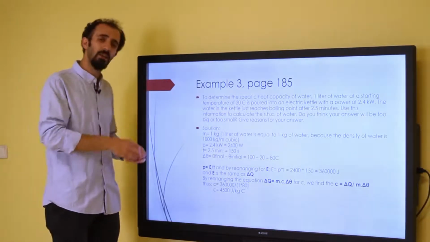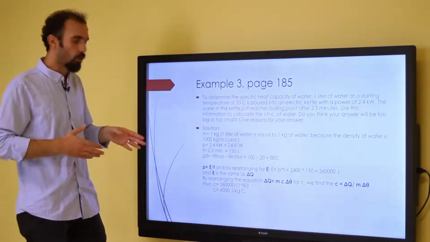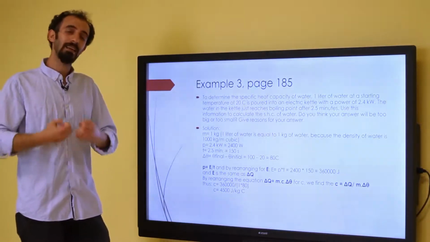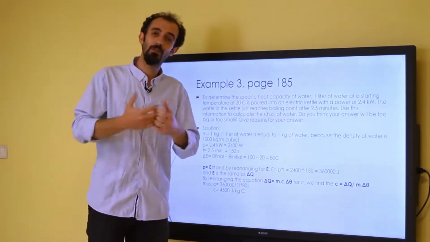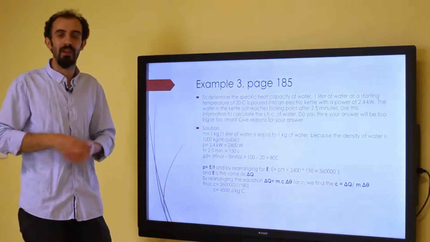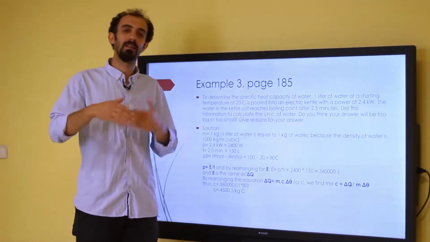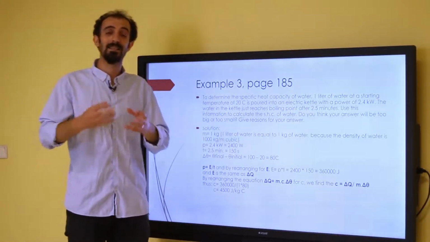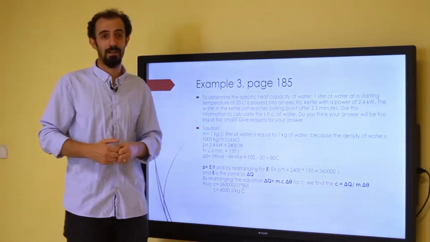Now, there's an increase of 300 joules per kilogram per Celsius. Where did that come from? The fact that some of the energy supplied to the kettle went into heating the kettle itself, and the kettle of course will be made out of metal and plastic, and of course metal and plastic have their own way of absorbing thermal energy.